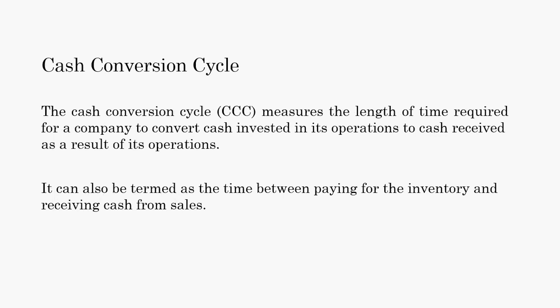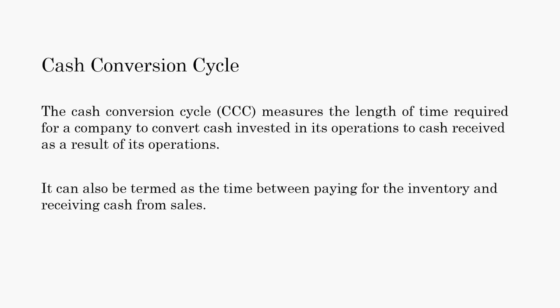When it comes to working capital management, the cash conversion cycle is one of the important measures. It denotes the time period between the time that you pay for your inventory to the time that you receive cash for your sales.